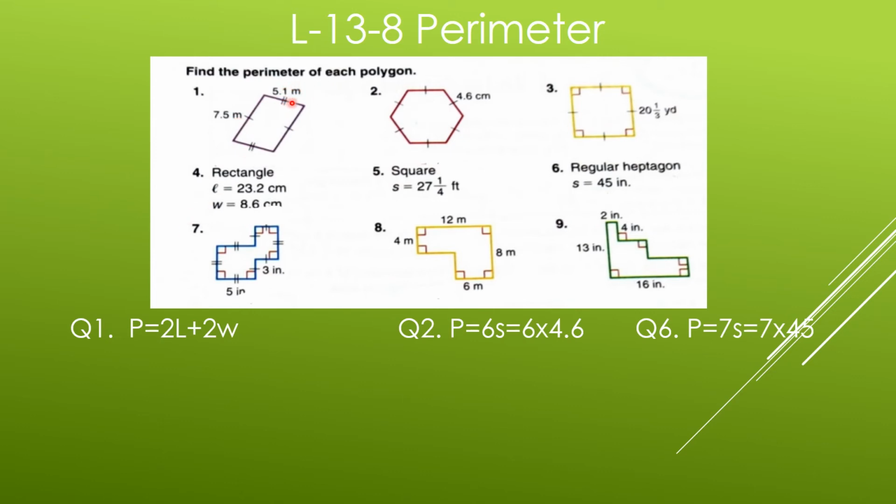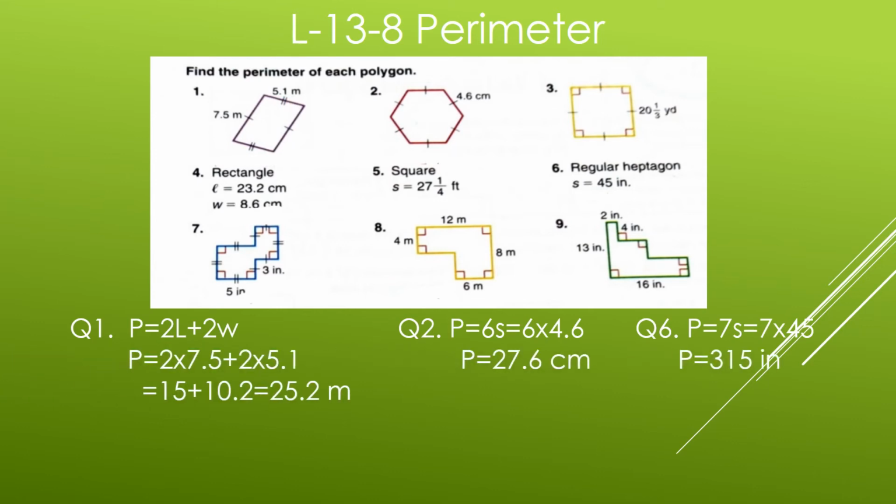Then 2 into 7.5 plus 2 into 5.1. What is the answer? It is 25.2 meter. In this case, these type of figure, all sides are equal, are called a regular polygon.